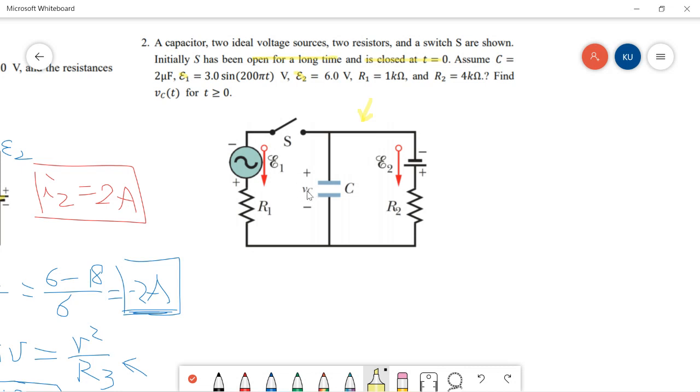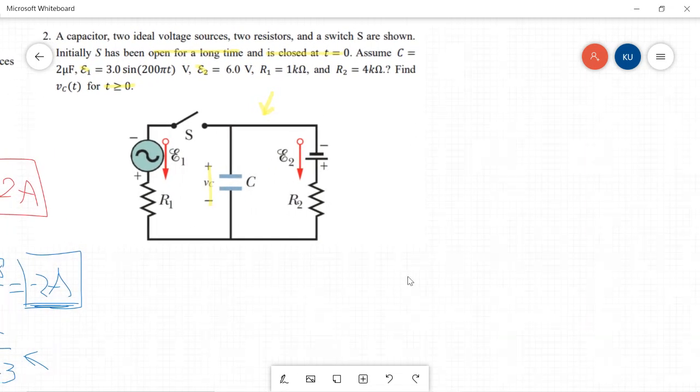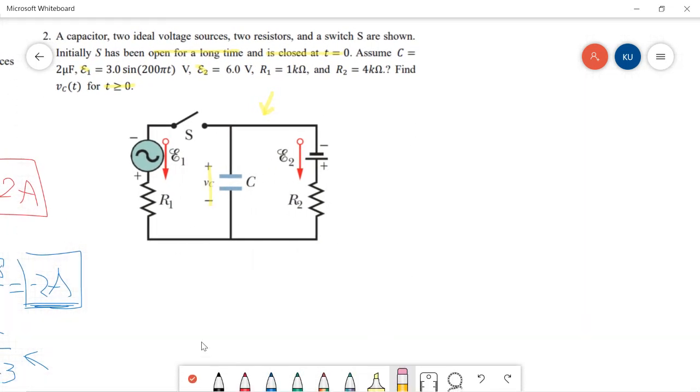Find Vc, the voltage across the capacitor, for t larger than or equal to 0. So in this question, we should first find the initial condition of Vc.